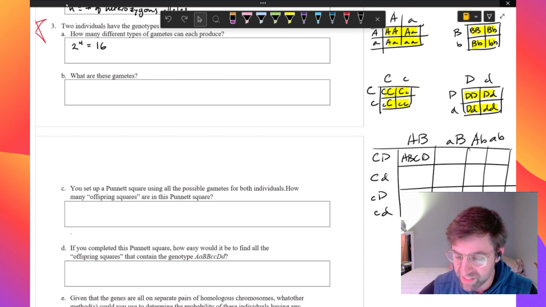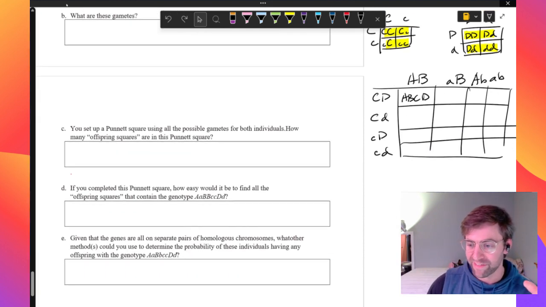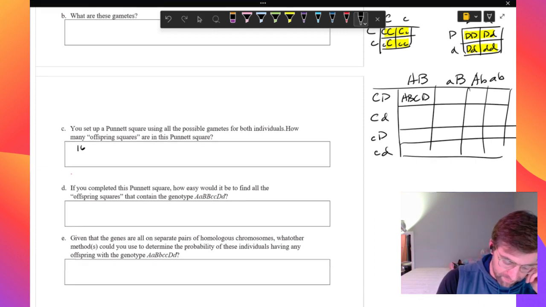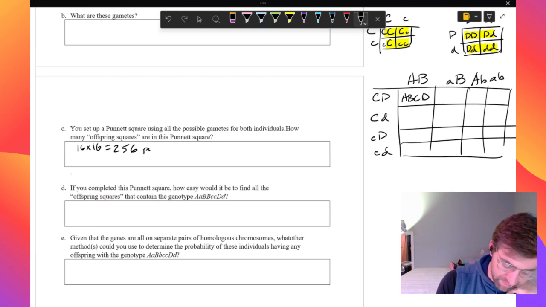You really can use this two-dimensional visual representation and solve it as an area of a rectangle problem, where each box is just one unit, right? 16 times 16 equals 256 offspring possibilities.